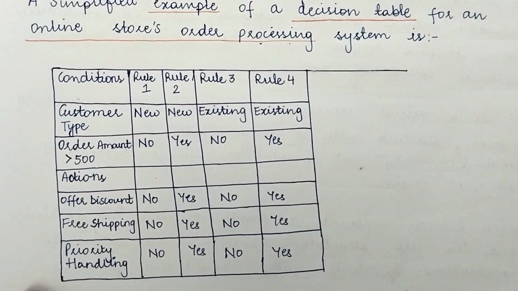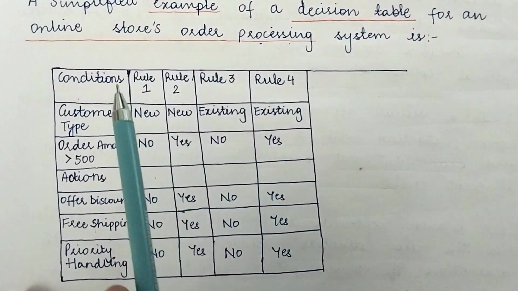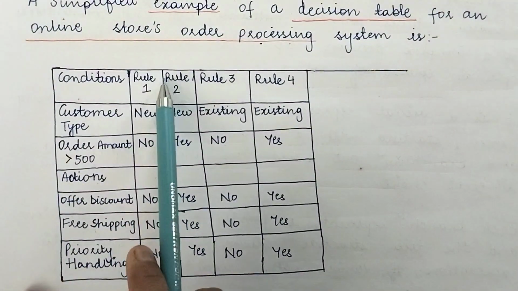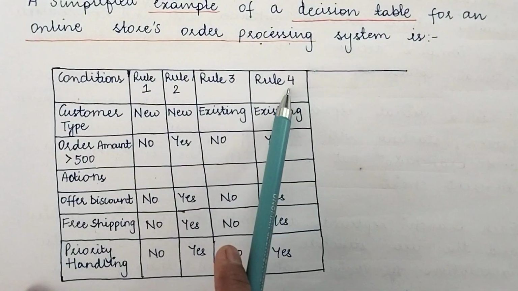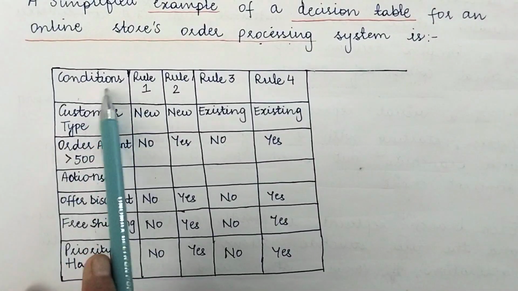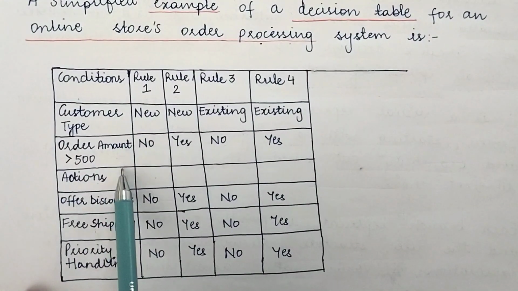Now in this online order processing system, there are some conditions, there are some actions that will be taken, and there are some rules. As I told you, there are three primary elements in a decision table: the conditions, which are the factors or inputs that influence the decision making process. Then there are the actions, which are basically the outcomes or results of the decision.